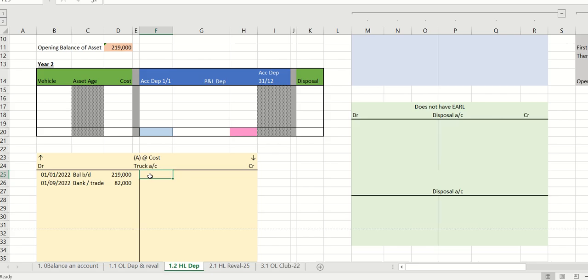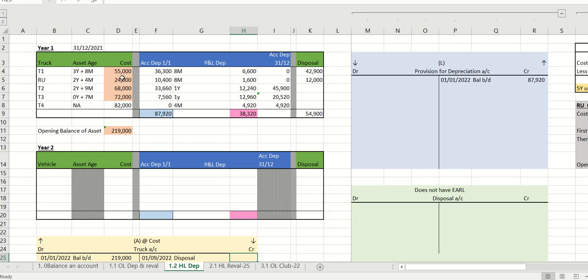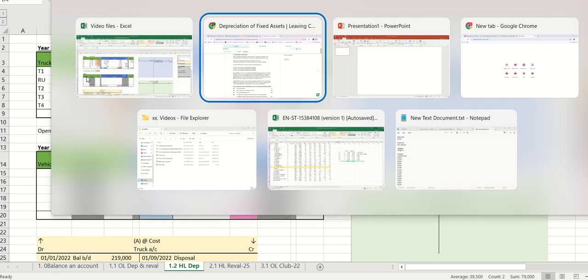So on the 1st of the 9th, 22, we're going to disposal, and it's the cost of the assets: the 55 plus the 24, so 79,000. So it's the 2 vehicles coming out, the 55, truck 1, and the RU.